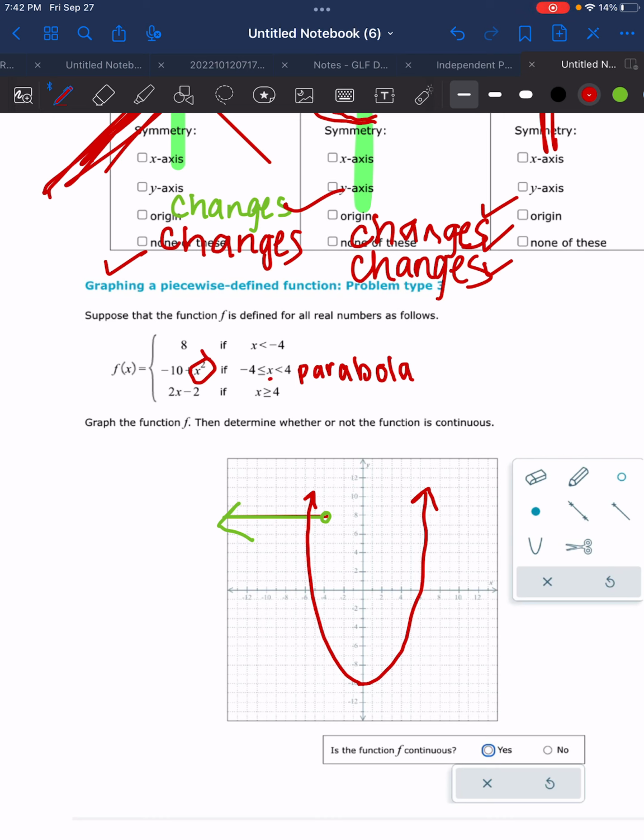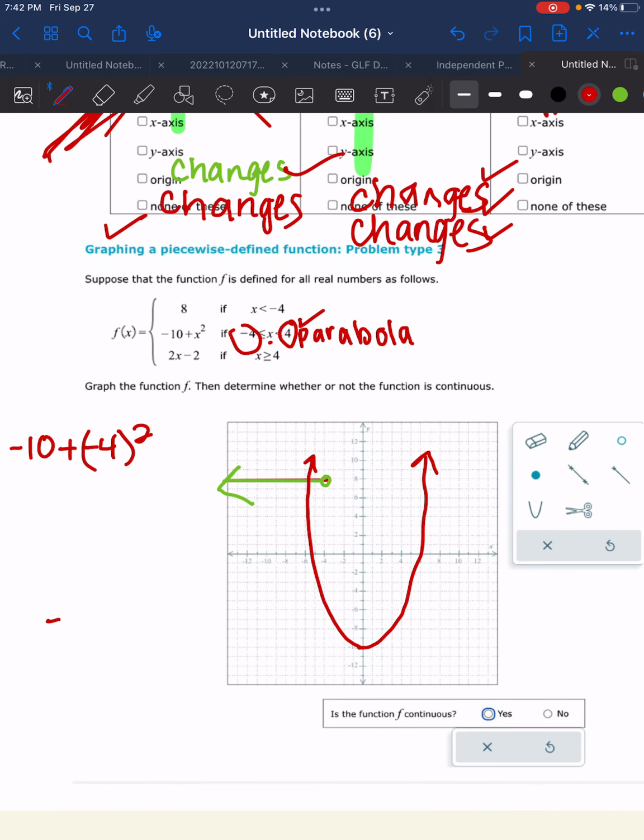I know my x has to be greater than or equal to -4, but less than 4. So I am going to come over here and substitute that in the formula to find out what the y value is. So -10 plus x, x is -4 squared, but I'm also going to do it for that +4 as well.